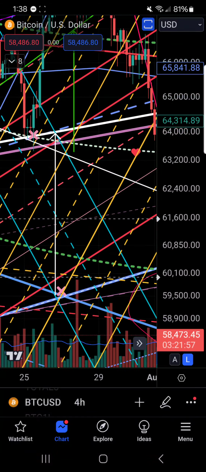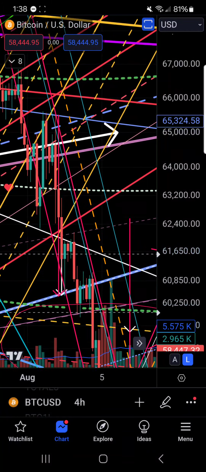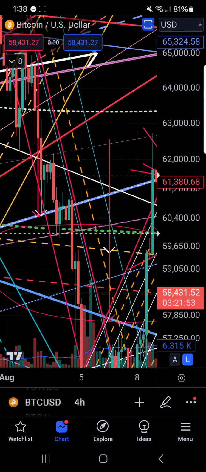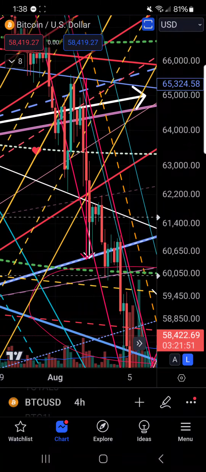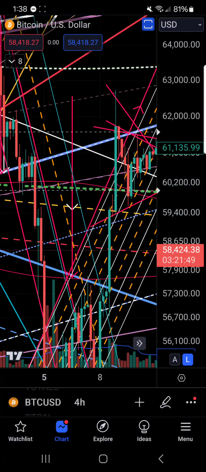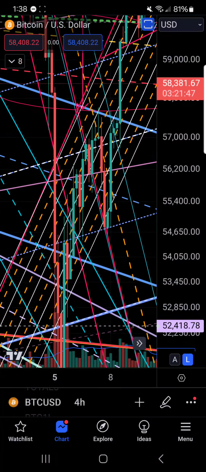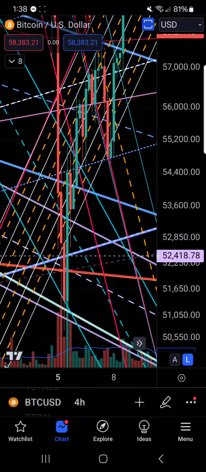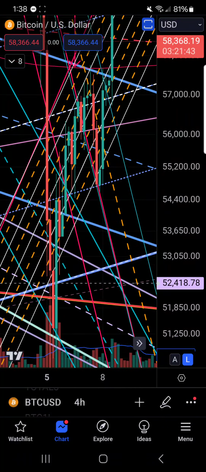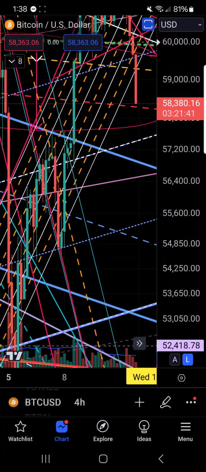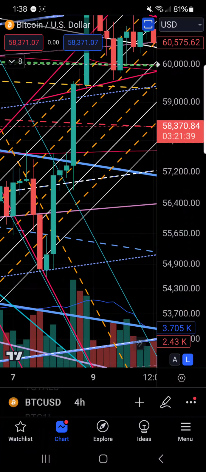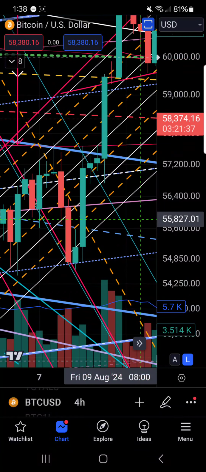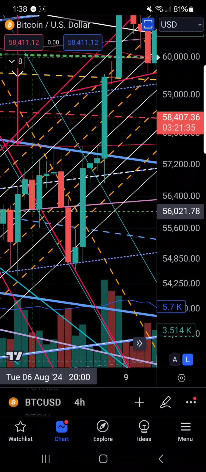Now the pink channels are in there as well. Anyway, you can see, for instance, here's a pink channel, how we close these 4-hour candles right on it.